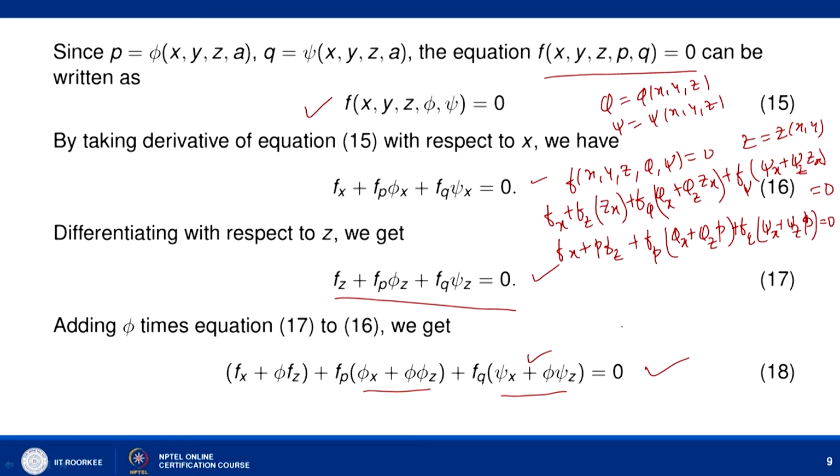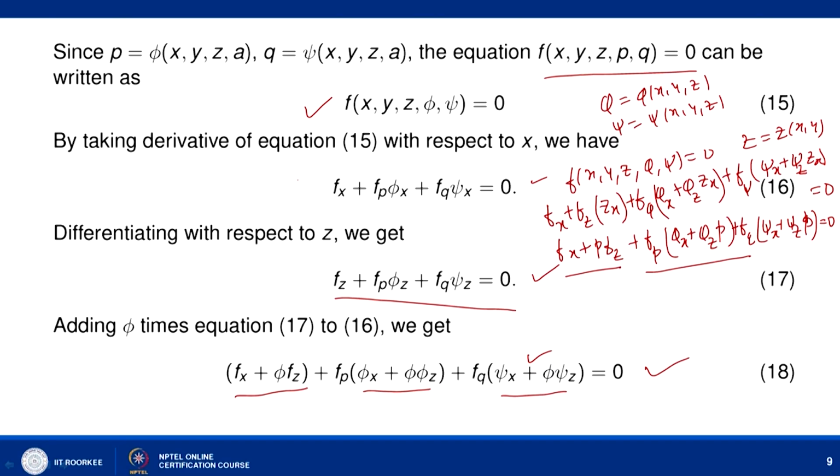And if you look, this is exactly the equation number 18: f x plus p f z, plus f p times phi x plus phi phi z, writing p as phi, plus f q times psi x plus phi psi z. So it is exactly the equation number 18.